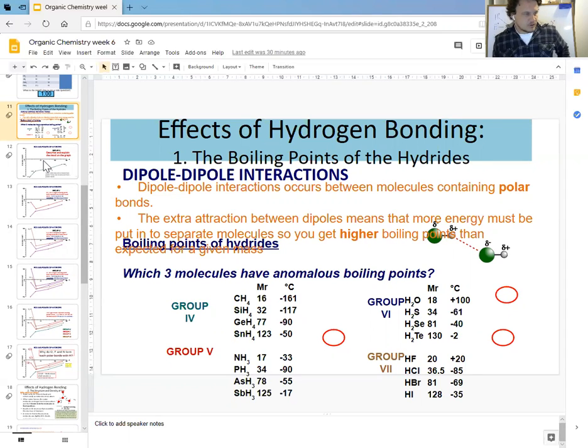To use a more simple way of looking at it, ethane has a boiling point of minus 89 degrees Celsius.